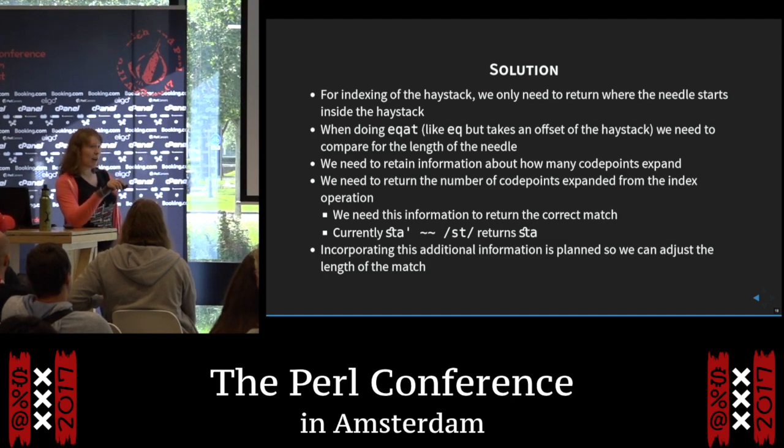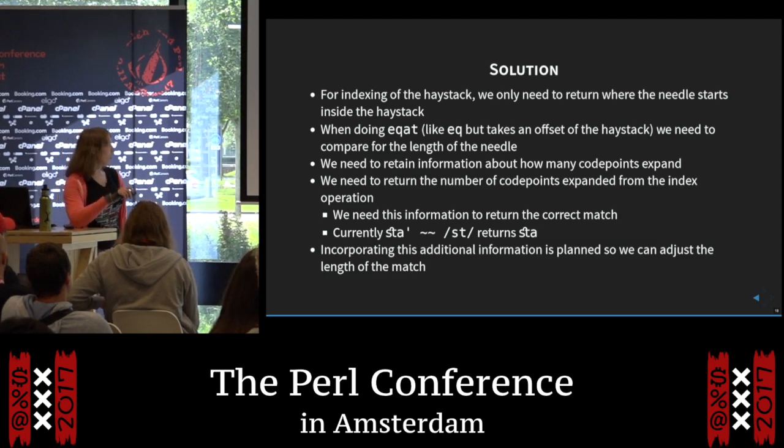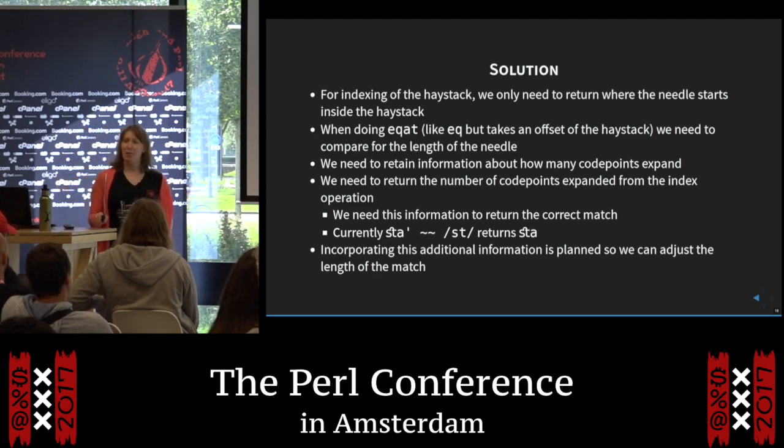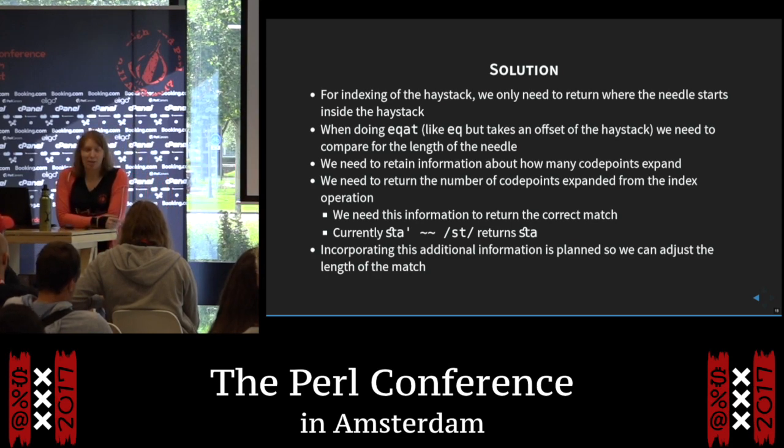I'm planning to add that into Perl 6. Currently, if you match STA against ST with case insensitive, it'll return 2 code points because it thinks there's 2. I'm going to have to incorporate the extra information that I already hold on to, but currently it's not yet implemented, to keep track of that and return the proper length of the string. And that's it. If anyone has any questions, feel free to ask.